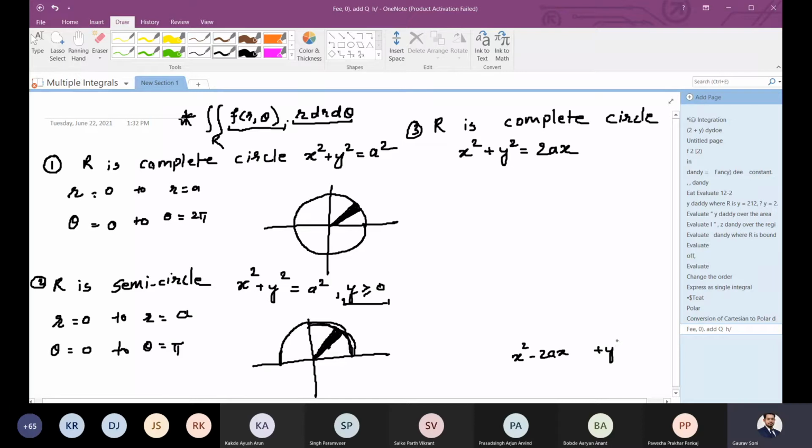What I should do here? To make it a complete square, I will add a square and subtract a square. So on the right hand side, I will have a square. So this equation is actually x minus a whole square plus y square equal to a square.